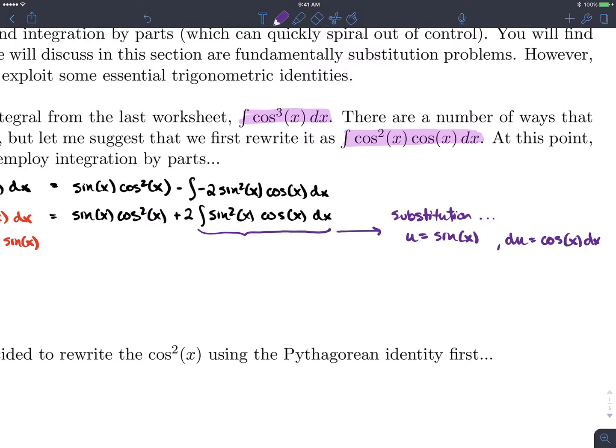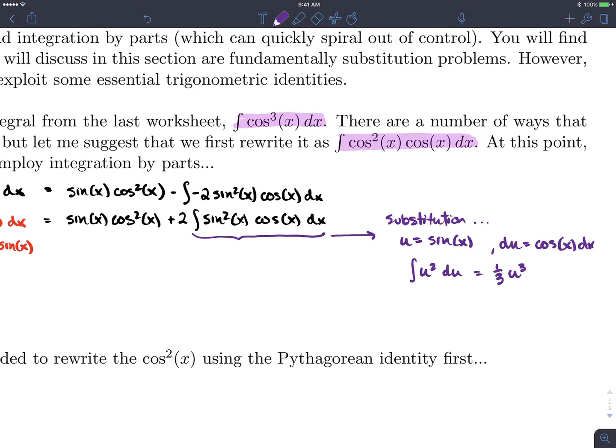So that integral now becomes the integral of u squared du, which is pretty easy to handle. That's just going to give us 1/3 u cubed plus c. We'll take care of that plus c later on.